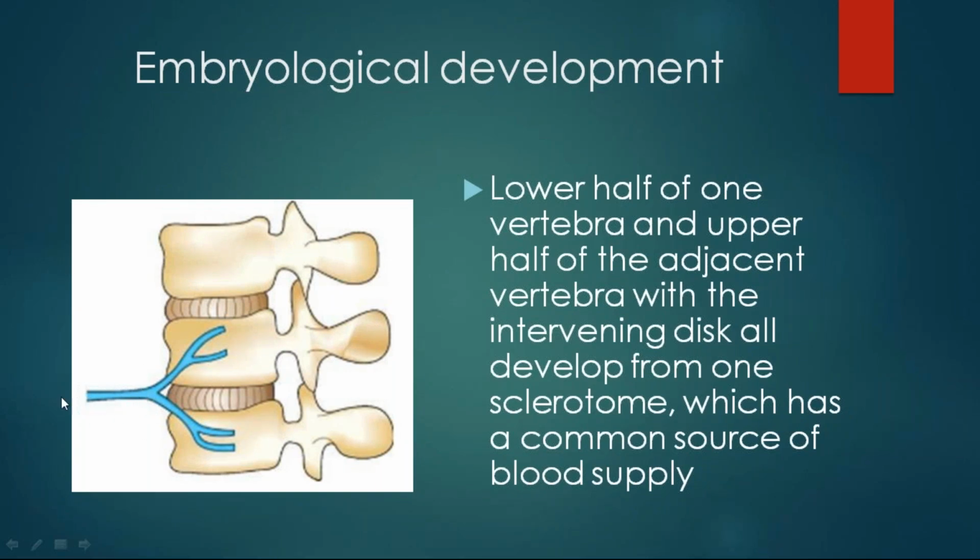So there will be a single source of blood supply. As you can see, there is a vessel supplying the lower part of the upper vertebra and the upper part of the lower vertebra. So the most common predilection is this area, which is derived from a single sclerotome.